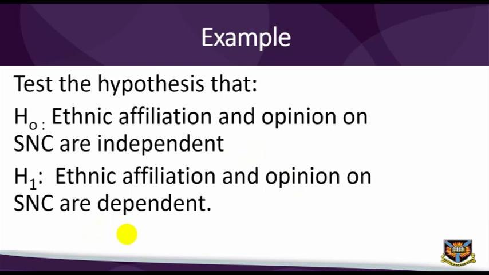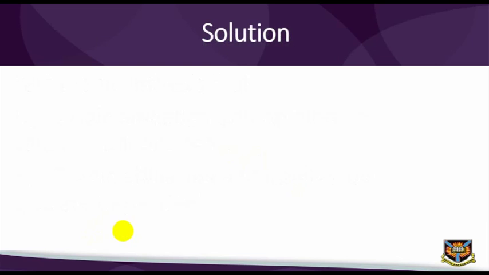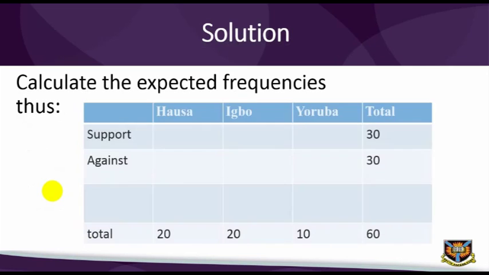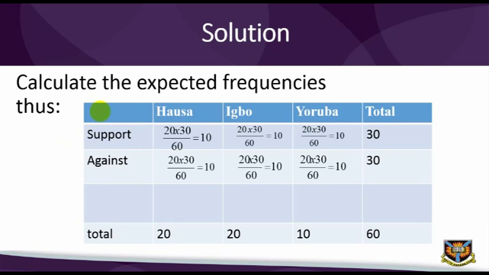Solution. The above given figures are called the observed frequencies. Step 1. Calculate the expected frequencies thus. Support: Hausa, 20 times 30 over 60 is equal to 10. Igbo, 20 times 30 over 60 is equal to 10. Yoruba, 20 times 30 over 60 is equal to 10. Total is 30.